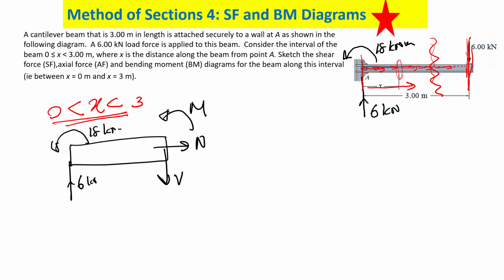X can be between 0 and 3, any number, because you don't have any changes between these. If you have a load, for example another load here, in that case you need to do 2 sections, before the load and after the load. But here nothing is changing.